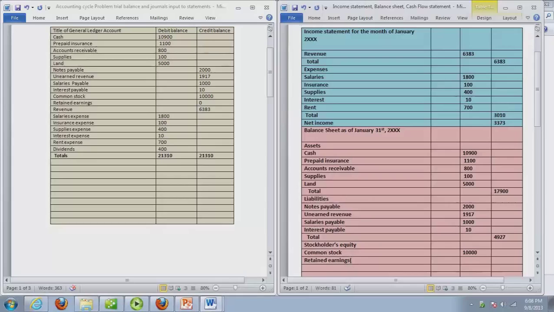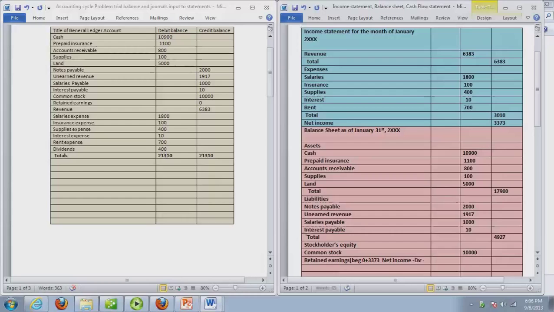So the beginning balance is 0. It's a brand new company. Oops, I'm going to use the proper 0. And we're going to add the net income. So we did the income statement first, so we'd have that information. And then we're going to subtract the dividends. And if you look over here, dividends are $400.